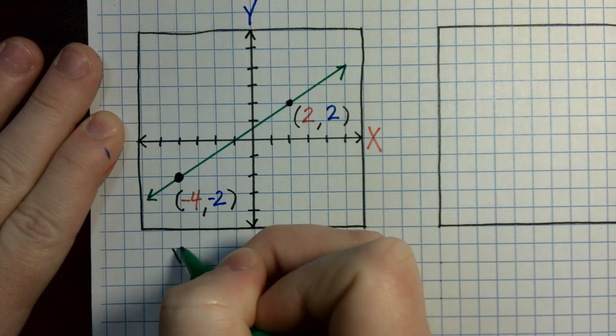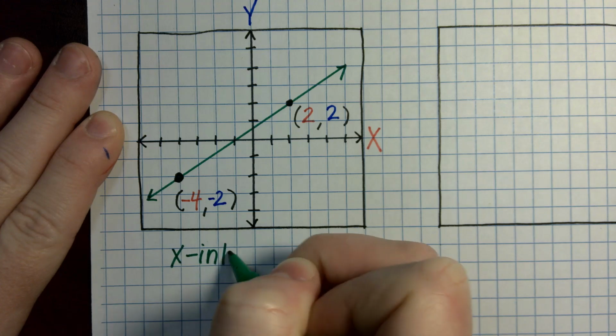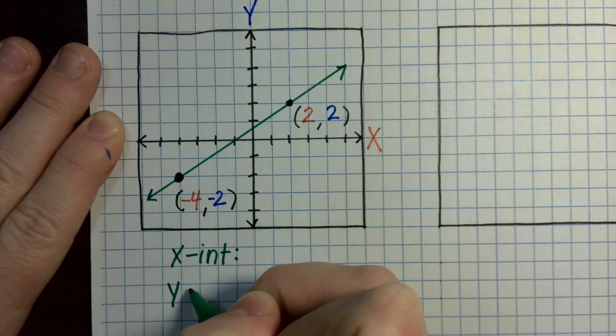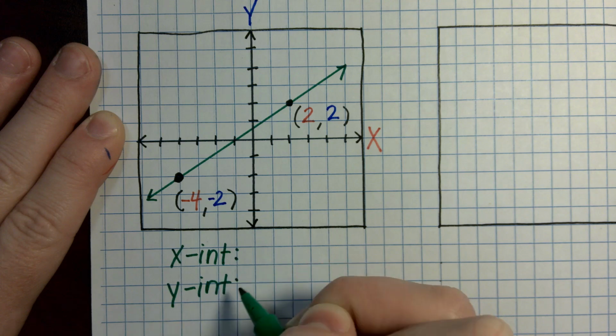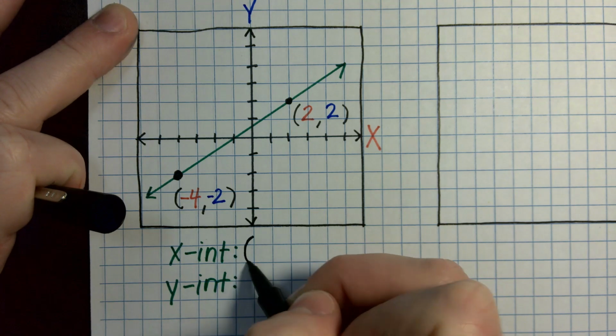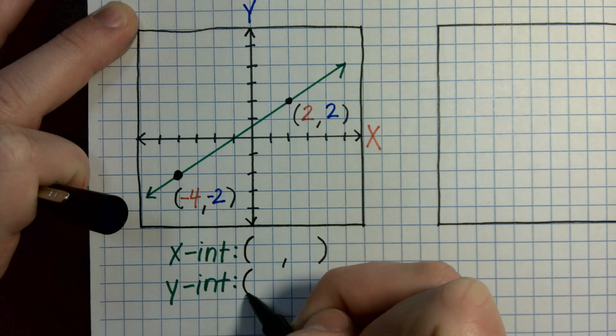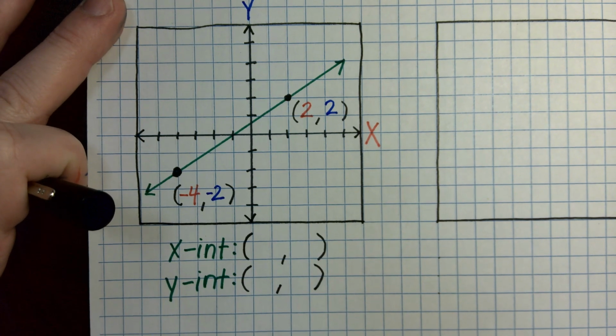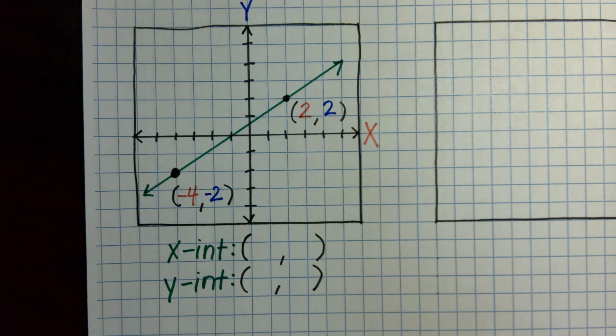I'm going to label my x-intercept and my y-intercept. And I'm going to put some empty parentheses that I can fill in with my numbers. So whenever I label a coordinate, which value comes first, x or y? X, good. And then that means y comes second.